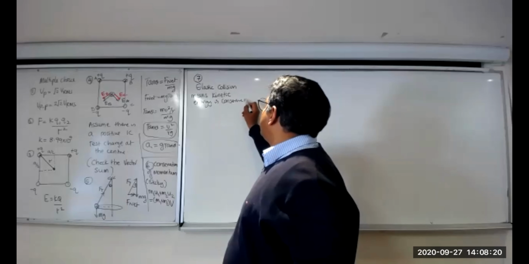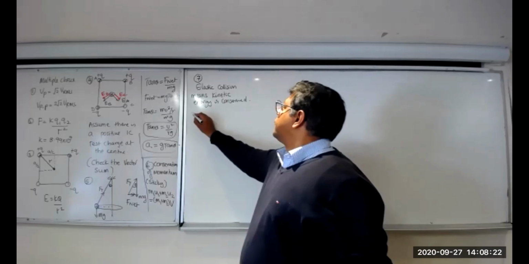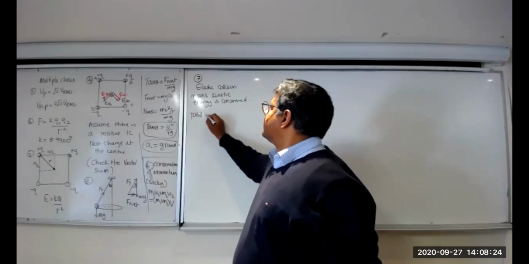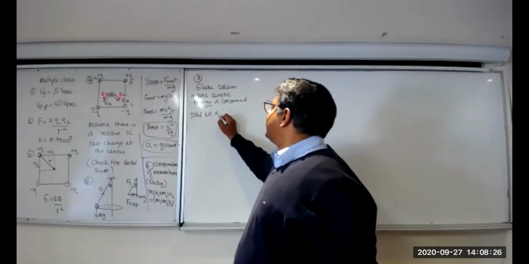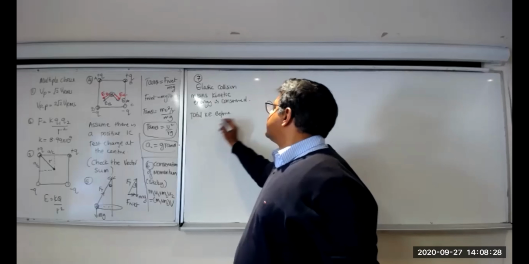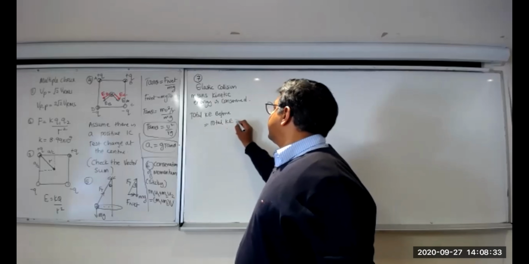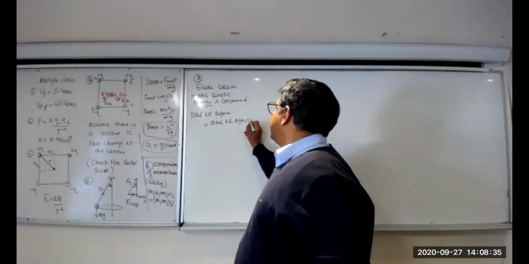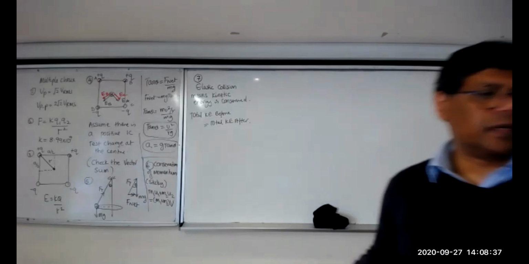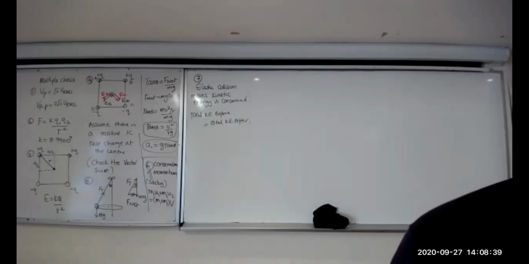That means there is no loss in kinetic energy. Total kinetic energy before is the same as total kinetic energy after. So you need to check it. Let's see what's in.